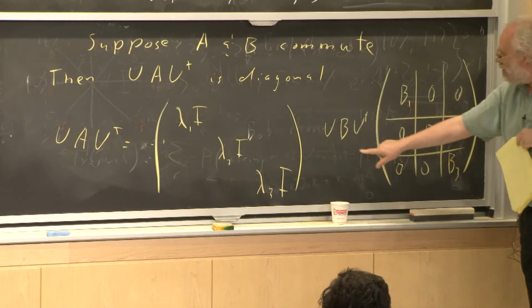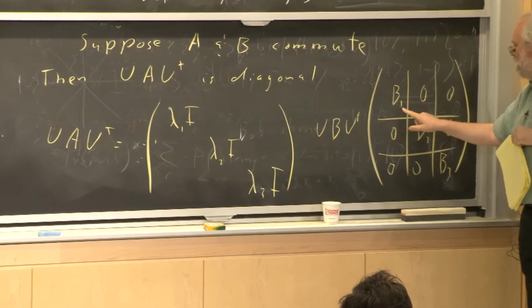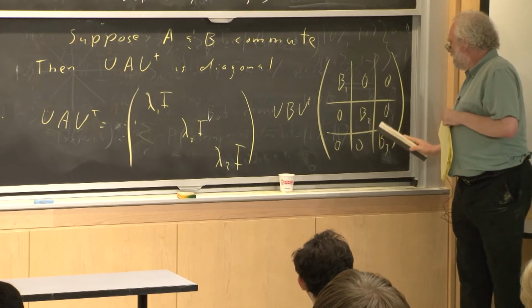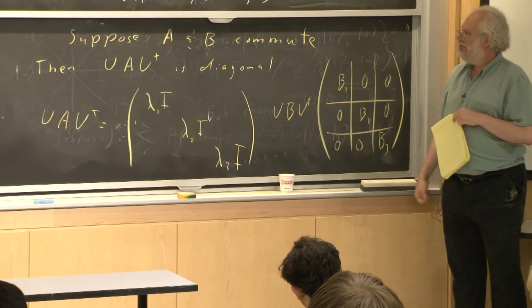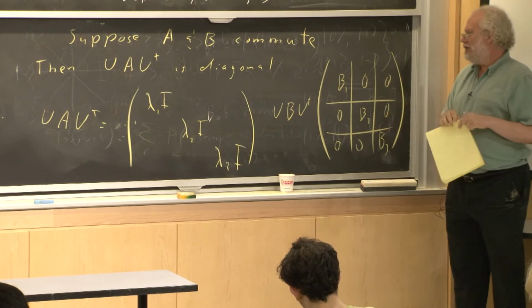And when you apply the same thing to B, you get B1, B2, B3, which are matrices which are just in these eigenspaces. And now you can diagonalize these three matrices because they're Hermitian.